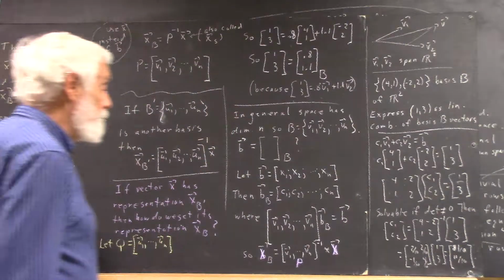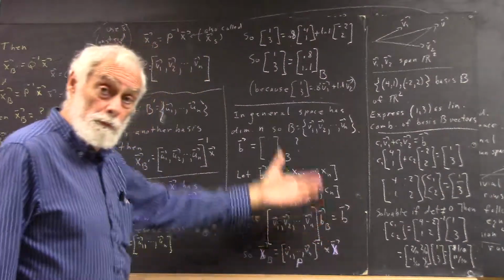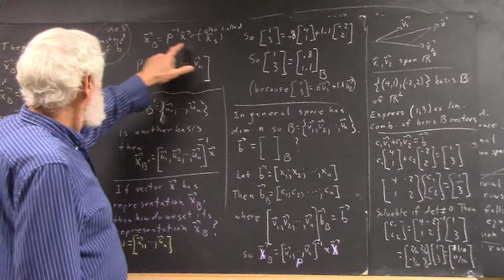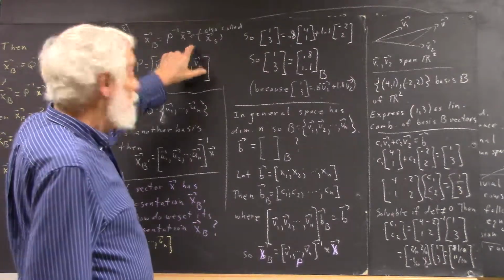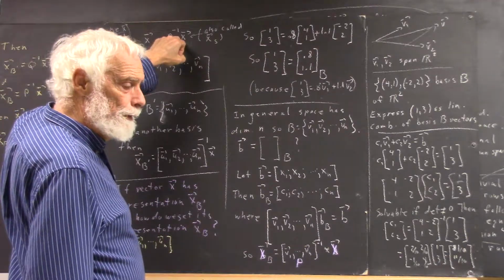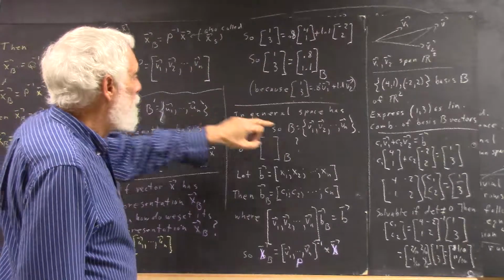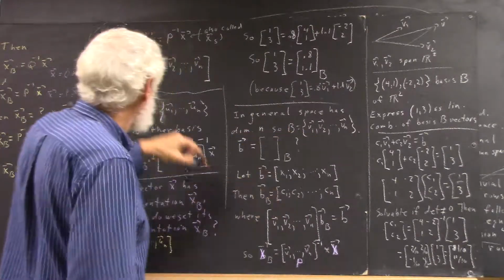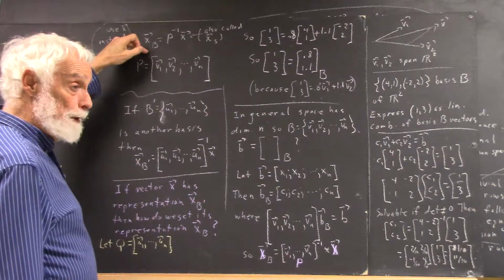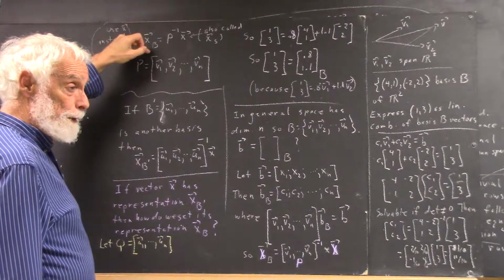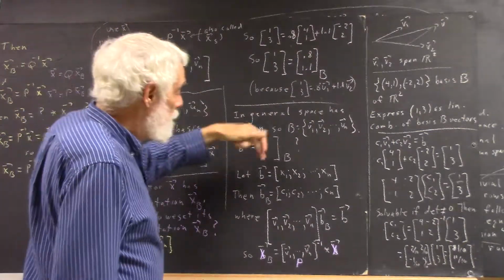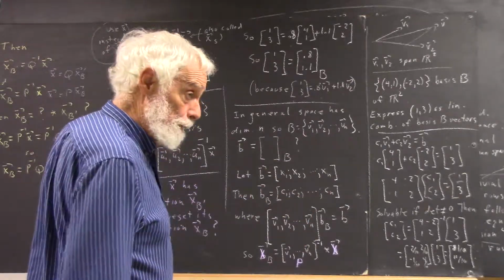So this just says, okay, we've worked it through, we understand it, hopefully, and this summarizes everything we understand. That our vector x, relative to the basis B, is expressed as x sub b, and x sub b is equal to P inverse times x, where P is our matrix of basis vectors.